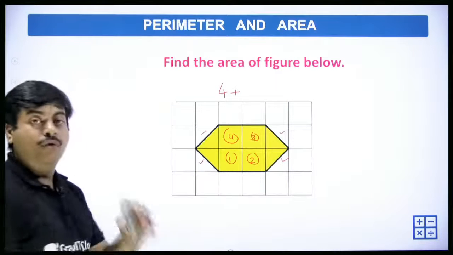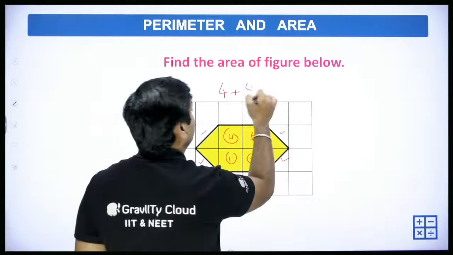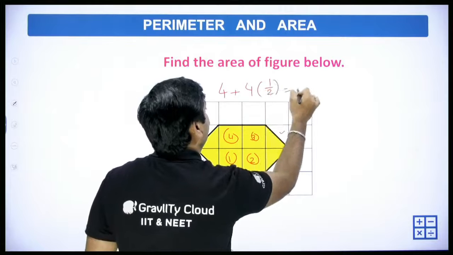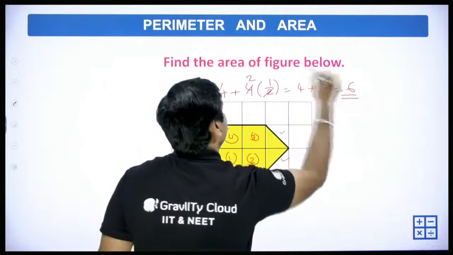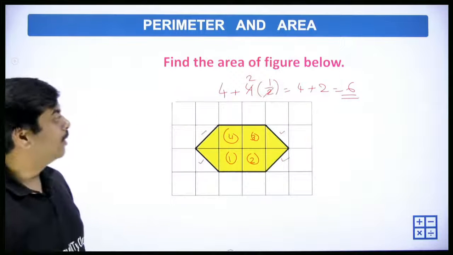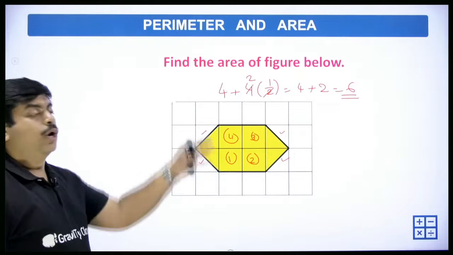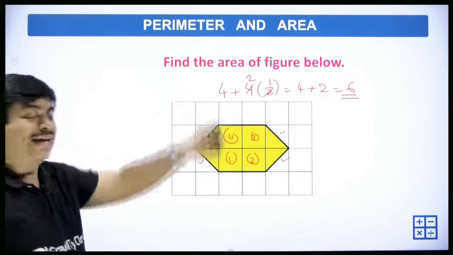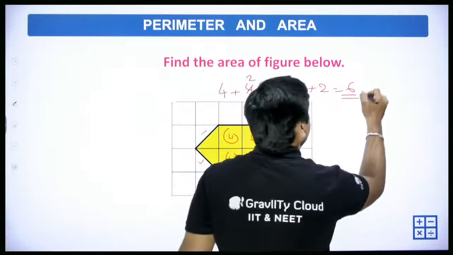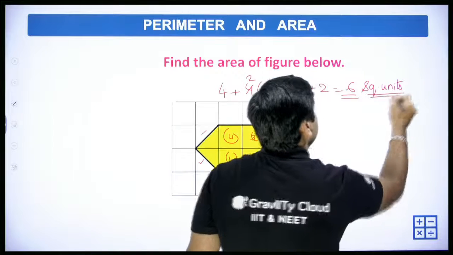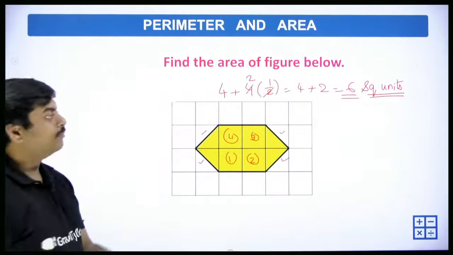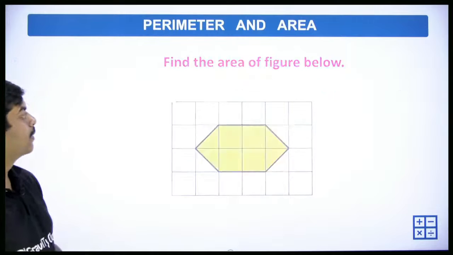So we have a total of 4 halves. 4 into half, so 4 plus 4 into 1 by 2, that becomes 4 plus 2, which is 6. But area has units, so 6 square units, correct?